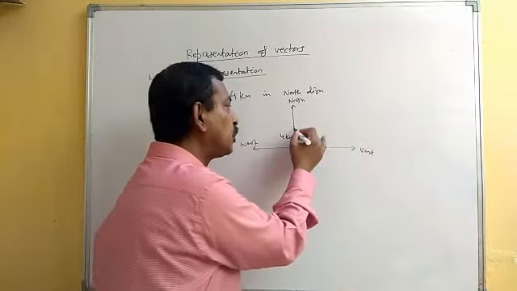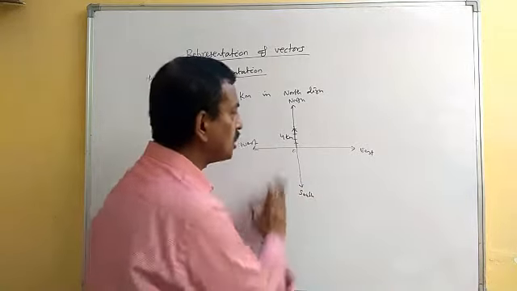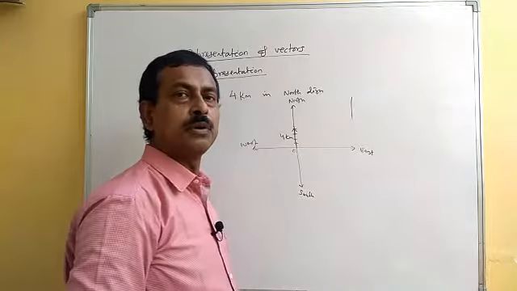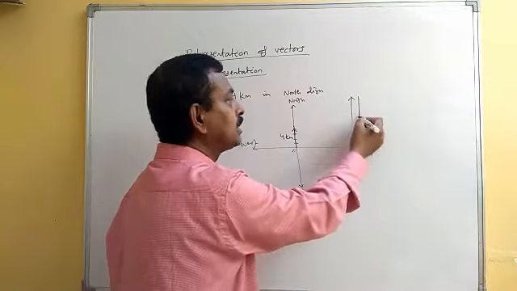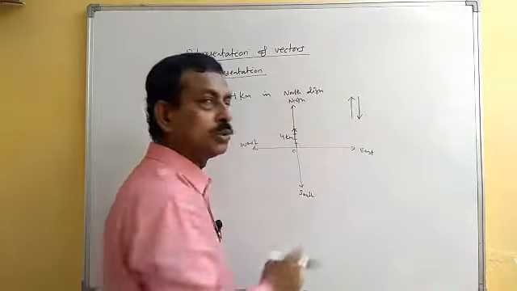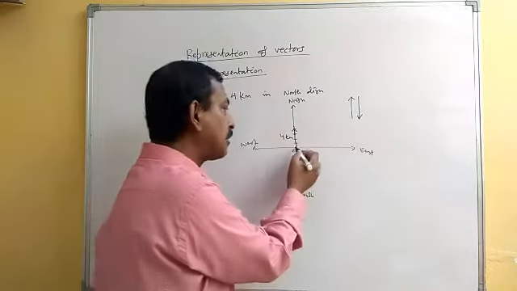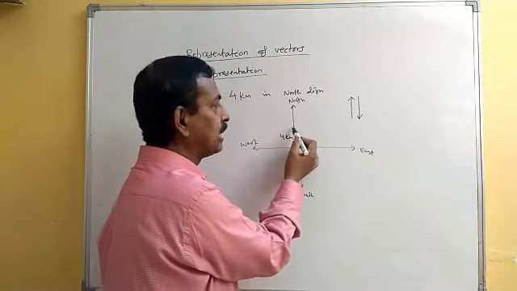Then we'll put an arrow to represent its direction. Arrow is a must, because if you just draw a line without an arrow, we do not know whether the movement is in this direction or that direction, whether it is towards north or towards south. If our starting point is here and I have to show north, I will show the line in this direction.